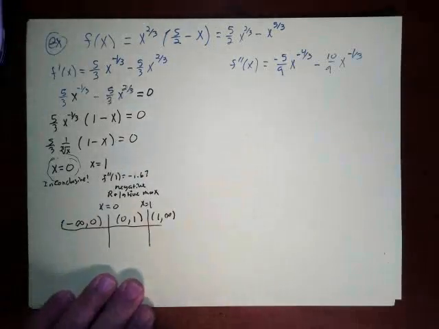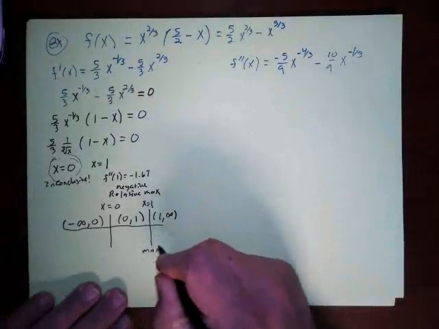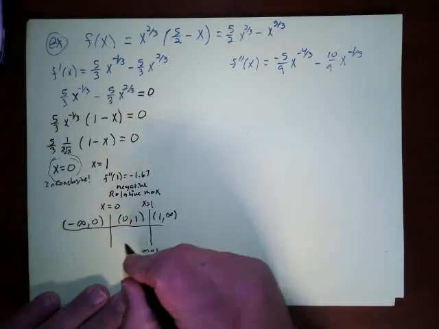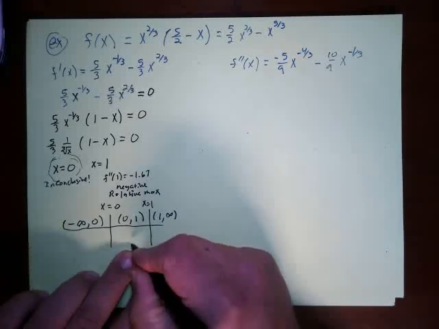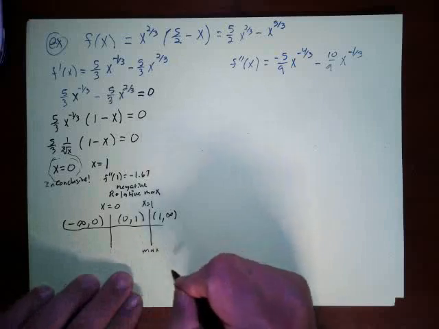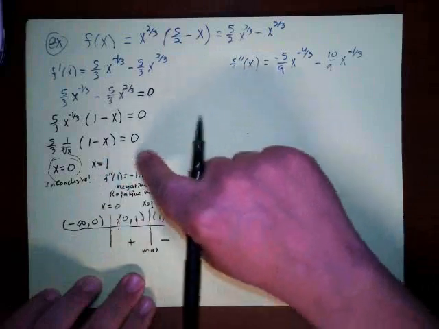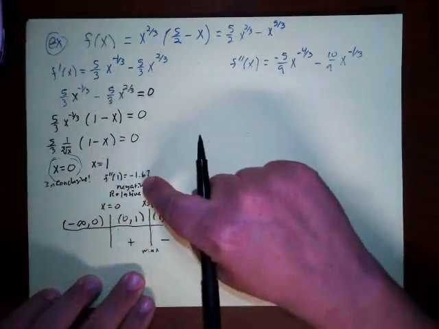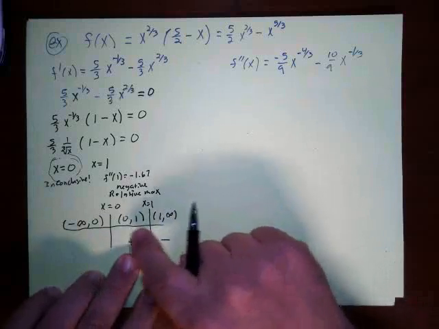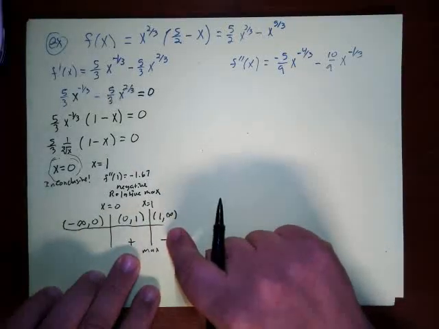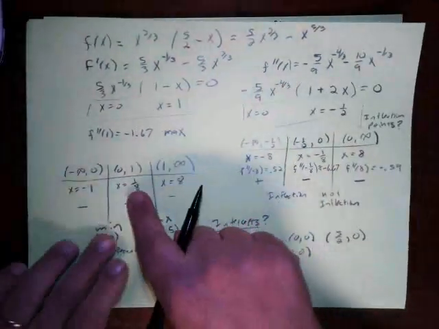Okay, that 1 is still a critical point, and you need those intervals, and you got to pick out of this interval. Okay, but the other thing I found out is we know that this is a max, and if that's a max, then the derivative has to be increasing and then decreasing. So this has to be positive, that has to be negative. So doing the second derivative test here and knowing that that's a max actually helps me complete this table, so I don't have to put in test points here. Okay, but actually in the one that I did, I did put in test points for these two.